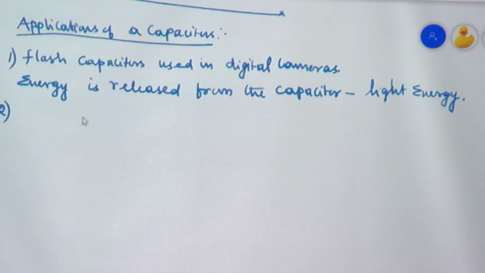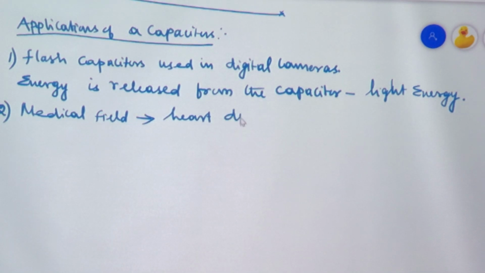Then what is the second application? Let us consider the second application of capacitors in the medical field. In the medical field, you have a device called the heart defibrillator.